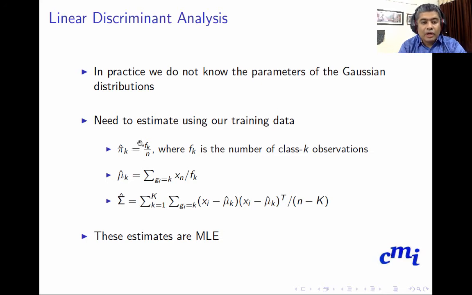Simple: you look into the data, how many observations belong to class k, divided by the total number of observations in your data set. That will be your pi k. Then mu k hat is basically you take the cases which belong to the kth class and take the average of them, and the covariance matrix can be computed in effectively the same way. You can show these are all maximum likelihood estimates.